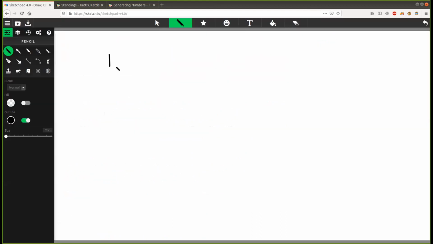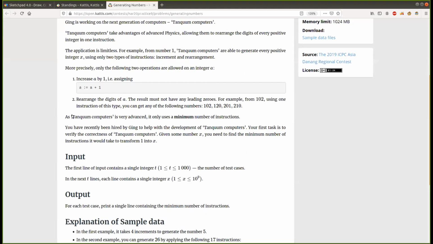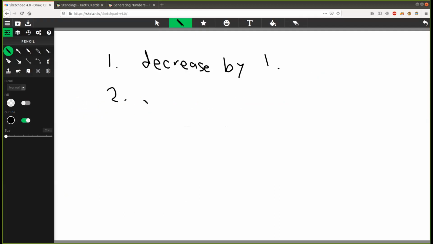So the 2 operations we're allowed to do are decrease by 1, and reordering the digits in any way we like, which is the reverse of itself, so that operation doesn't actually change. We can just rearrange the digits however we like without creating leading zeros. So given these 2 operations, we want to take the given number x and bring it down to 1.